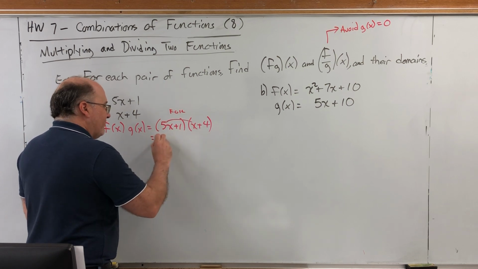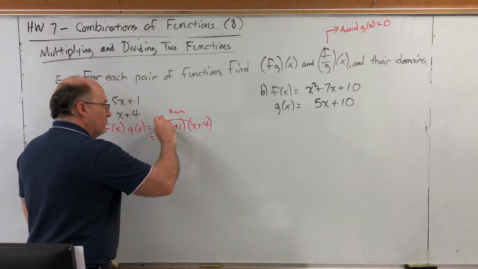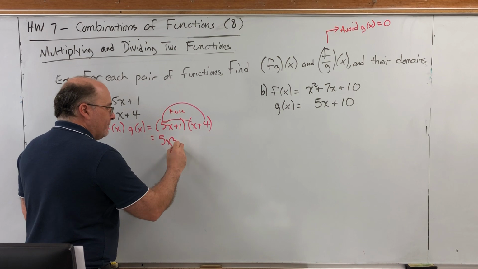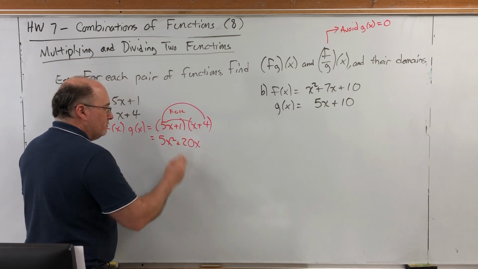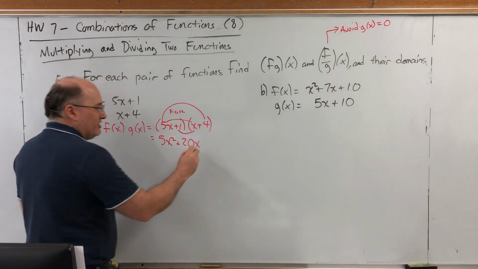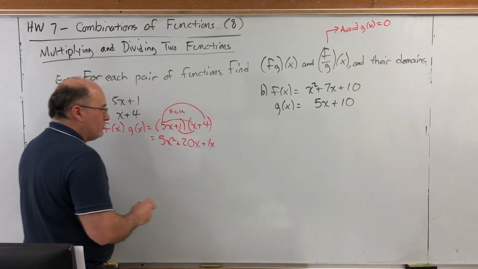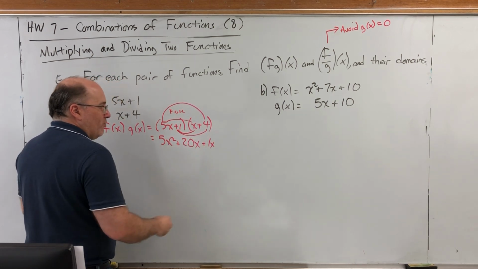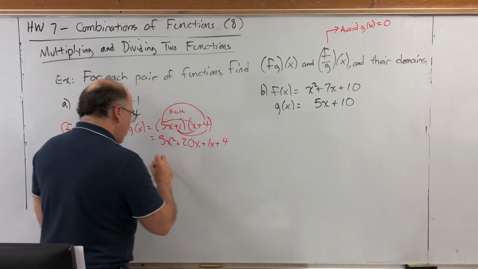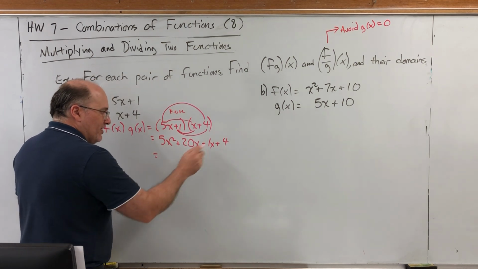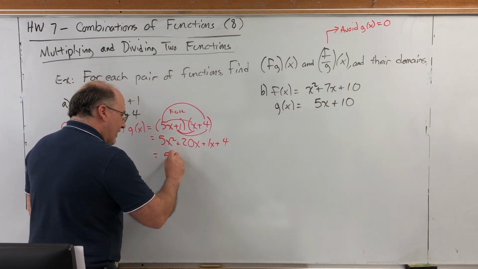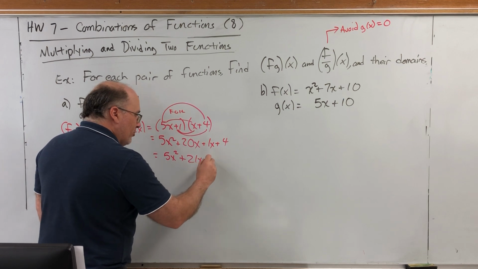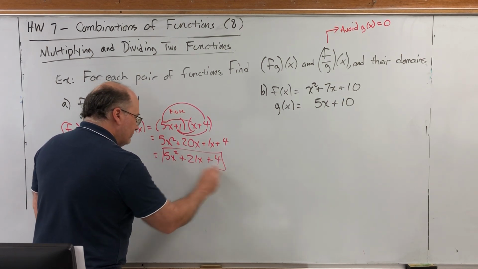5x times x is 5x squared. 5x times positive 4 is positive 20x. Positive 1 times x is positive 1x. Positive 1 times positive 4 is positive 4. And if we combine the like terms in the middle, 5x squared plus 21x plus 4.